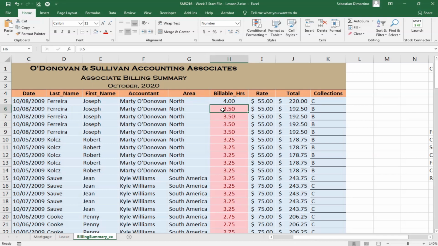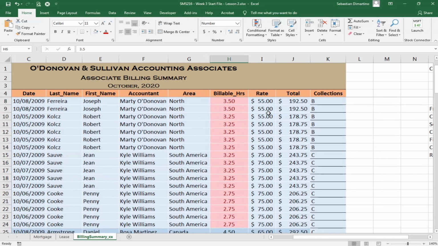It's all linked together. If I go back down to 3.5, it goes red one more time. So conditional formatting is a great tool to draw attention to numbers that may have an issue based on the criteria that you set. Okay, so that is your conditional formatting.